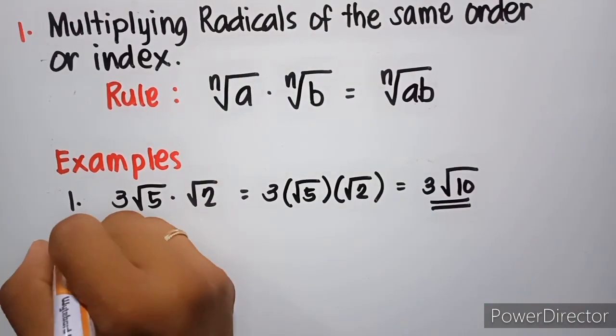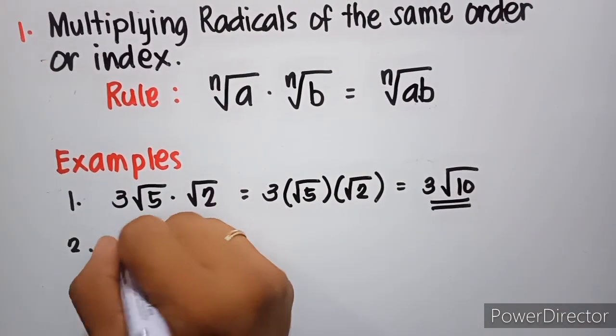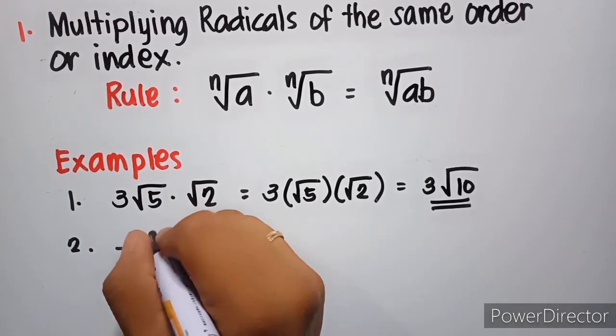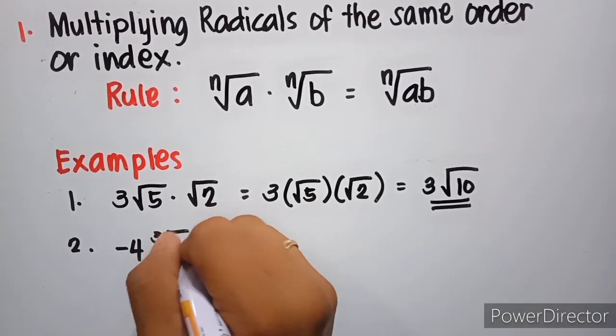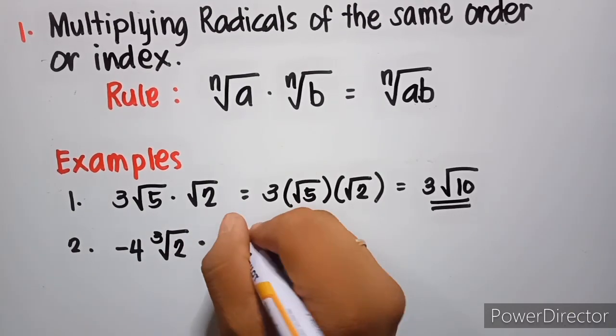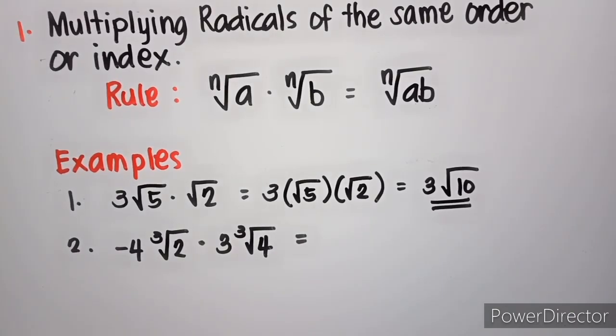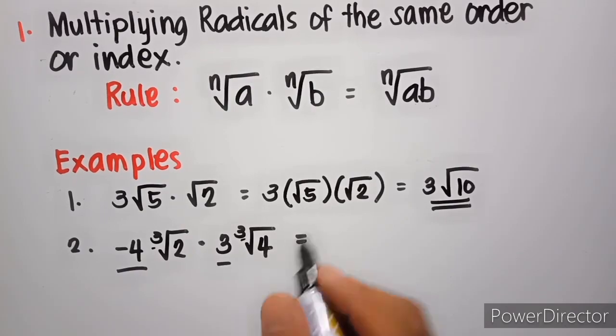Number 2. If we will have negative 4 cube root of 2 times 3 cube root of 4. So this is in the same order or same index, which is 3. So first, let's multiply the coefficients. What is negative 4 times 3?